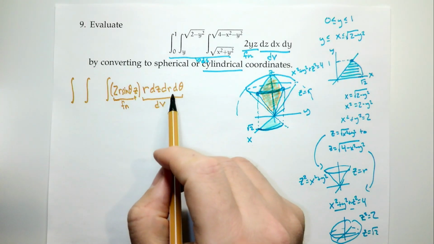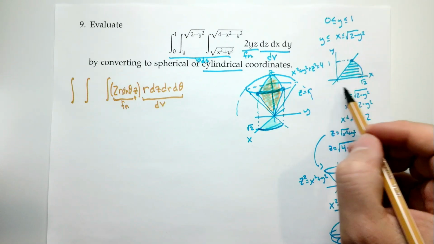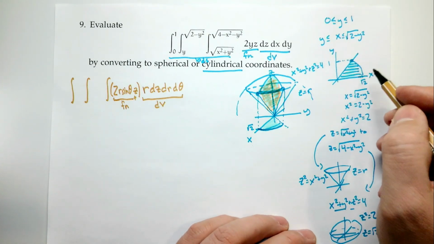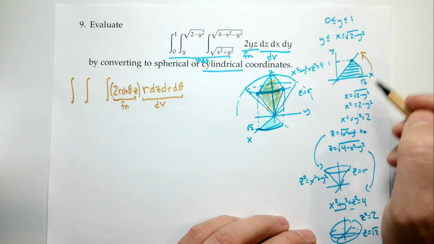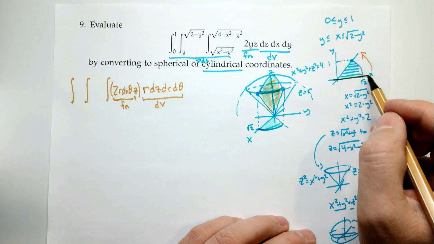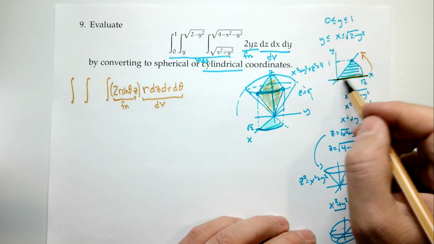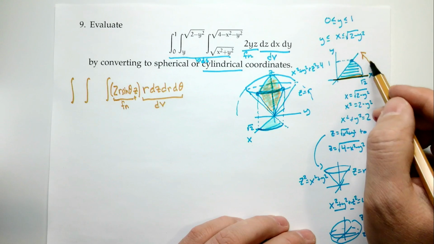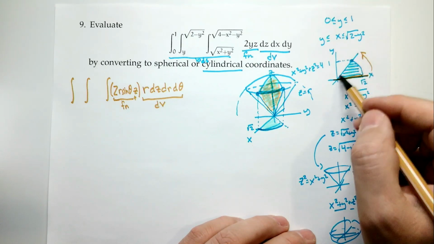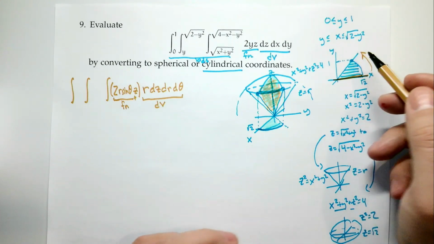Now let's think about theta and r. You can actually get it because theta and r are determined by the xy plane. So where does theta go from? We start on the x-axis, and we're going from 0 out up to this y equals x curve, which is at pi over 4.